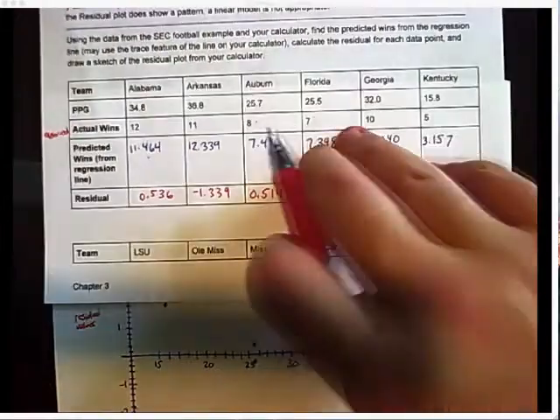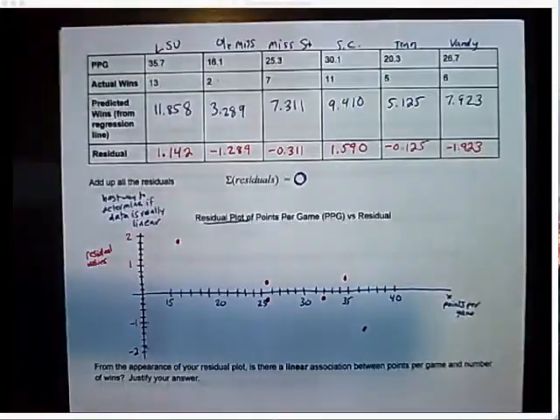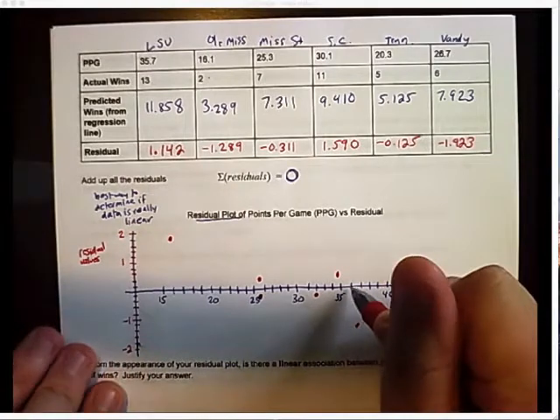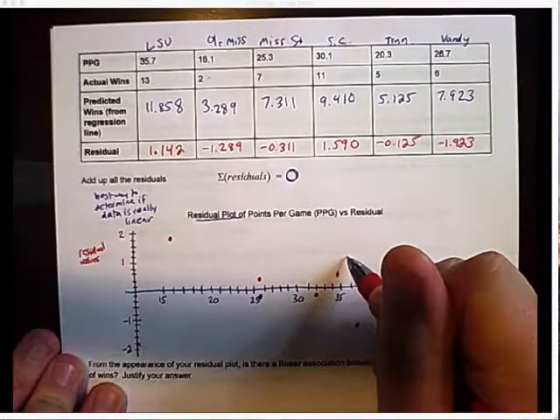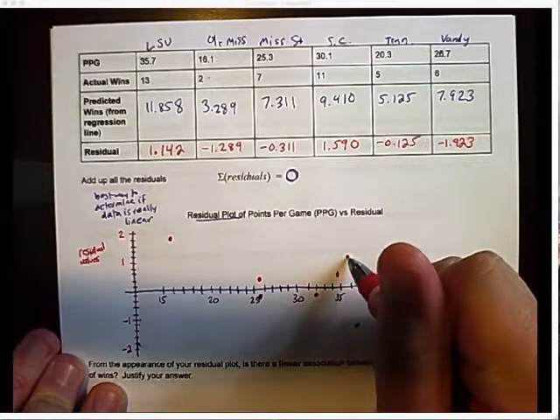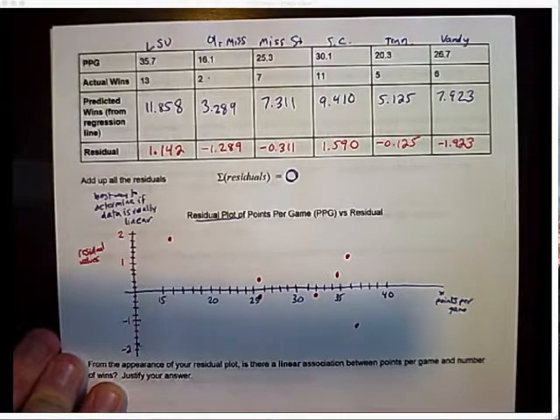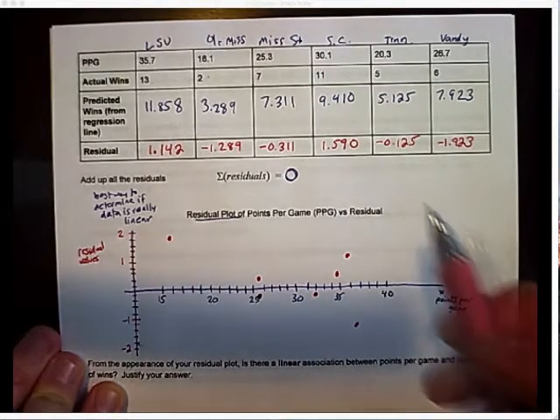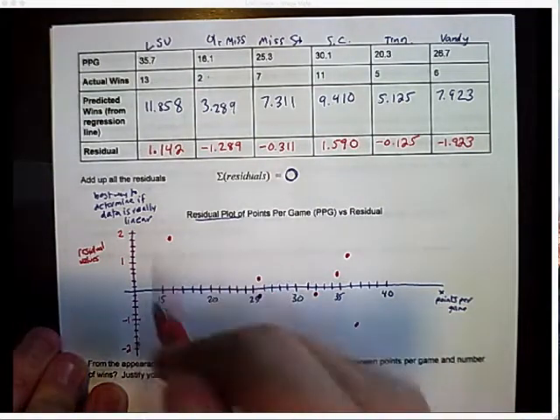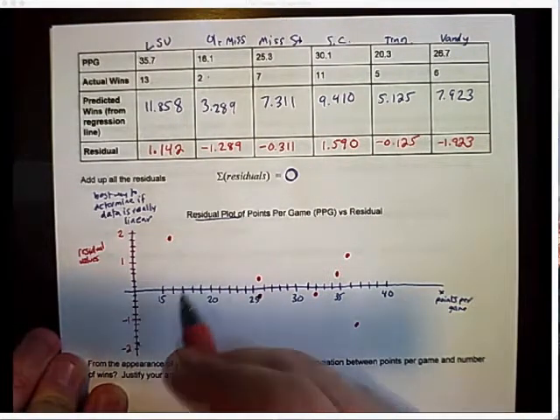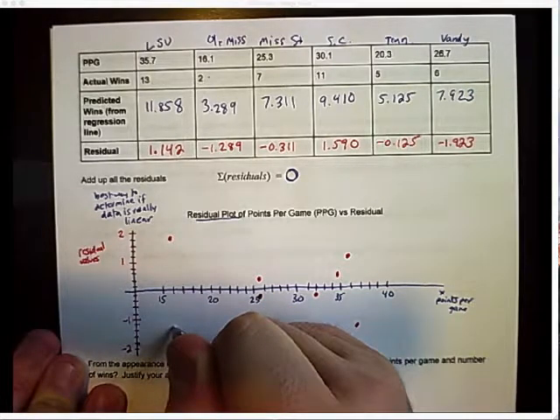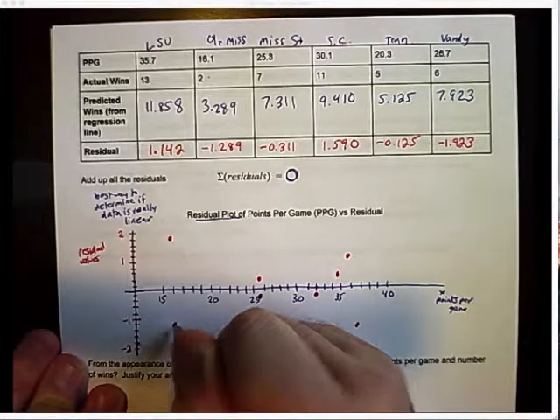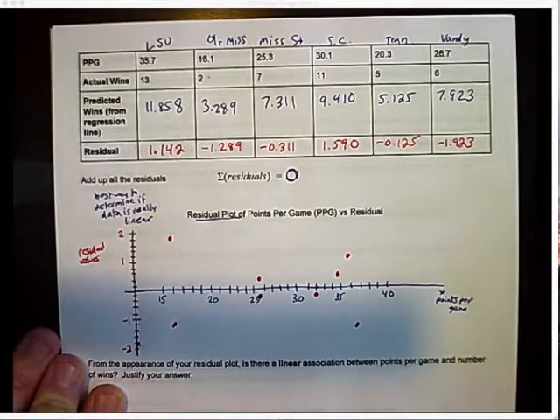So we plotted 6 of the residuals. LSU 35.7, 1.14. Be about right there, give or take. 16.1 for Ole Miss, negative about 1.3. The idea is just to get close when you're doing it by hand.